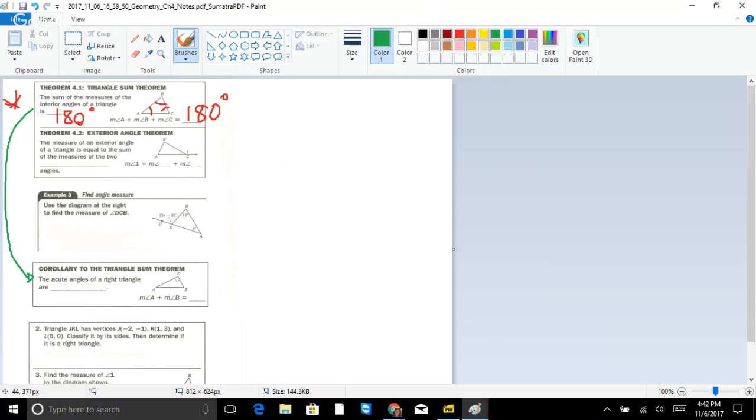What happens if we have a special kind of triangle, which is our right triangle? And when we have a right triangle, we know that this right triangle has one of the measures as 90 degrees.